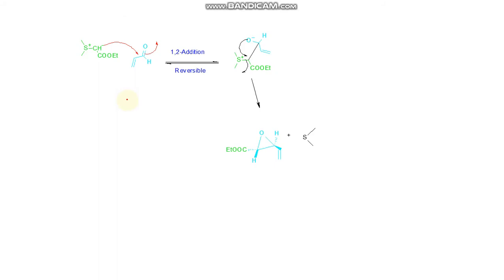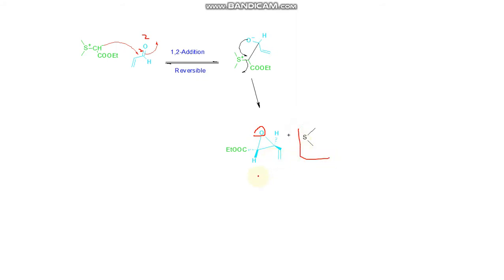For 1,4 it was 1, 2, 3, 4, but for 1,2 this was 1 and this was 2. So it will attack here and create this type of intermediate, which will again attack here and make a ring, but with the oxygen. As compared to the previous case, which was only a cyclopropane ring, this is an oxygen ring, or epoxide ring, and the leaving group is the same.